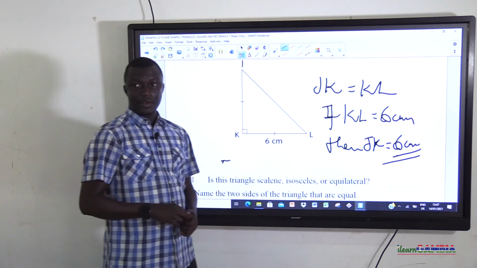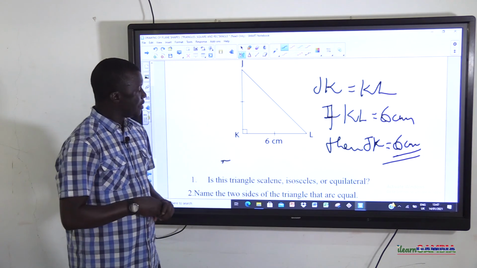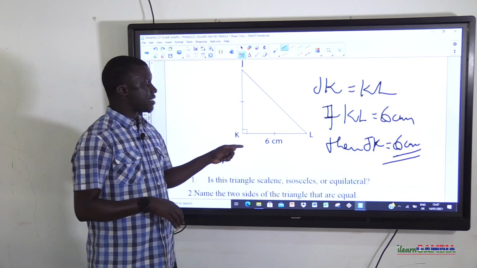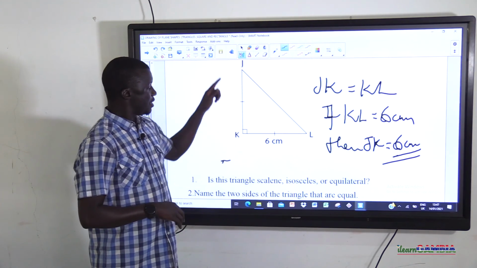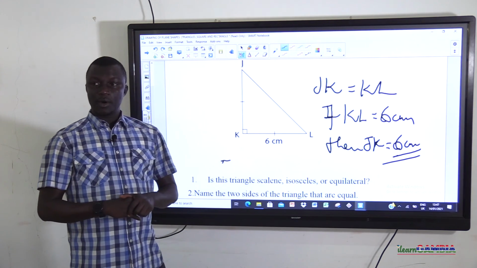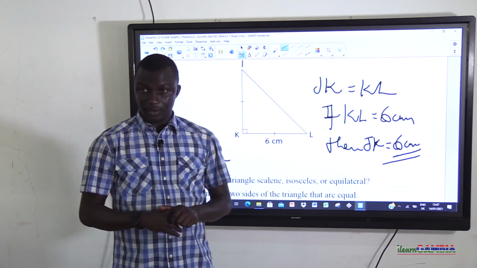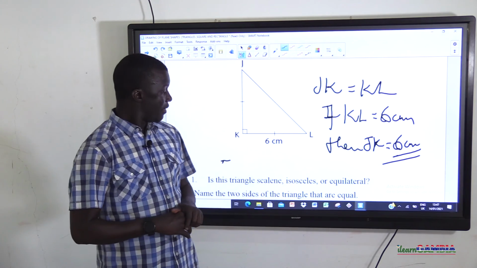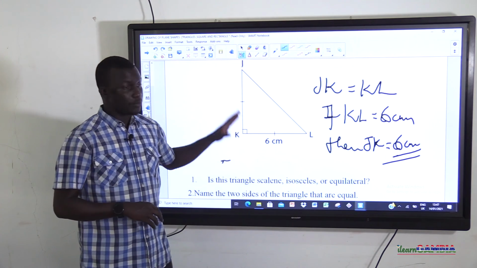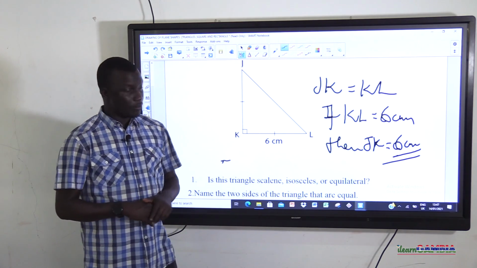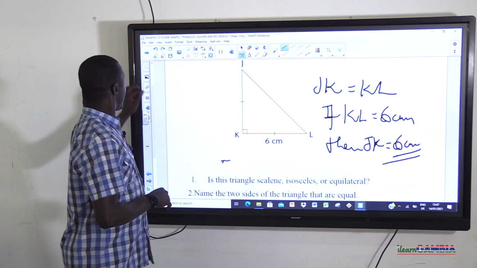Now the reason for our answer is, this is an isosceles triangle, because two of its sides are equal. As we can see here, two of its sides are equal. But it's also a right angle triangle. Although that doesn't come in the options, it's also a right angle triangle because one of the angles is a 90 degrees angle.